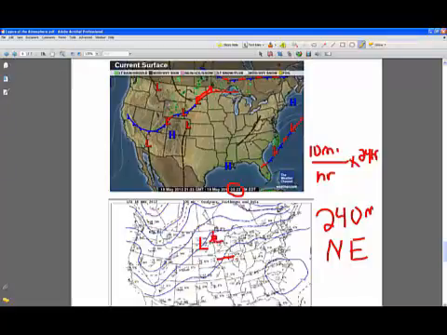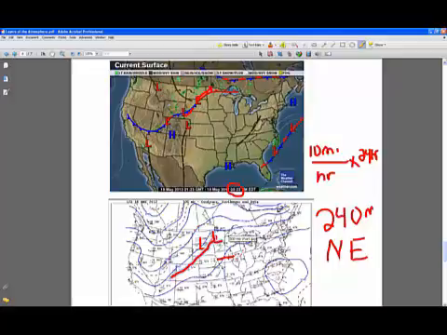So the new location of the surface low, along with the front, would be about right here. So it gets a little bit closer to Iowa. You see right here, it's over northwest Nebraska, and actually it's still in northwest Nebraska. So it's not moving very closely to Iowa. It will continue to move off to the northeast.